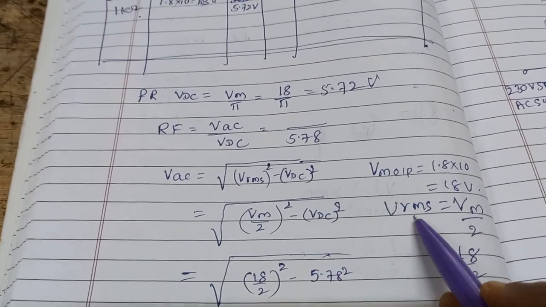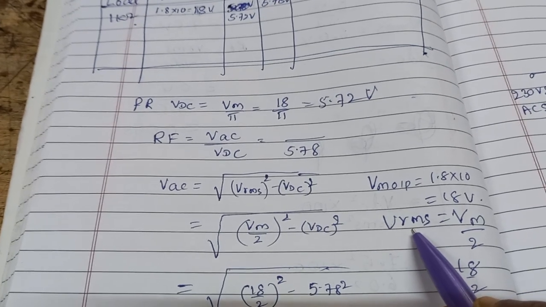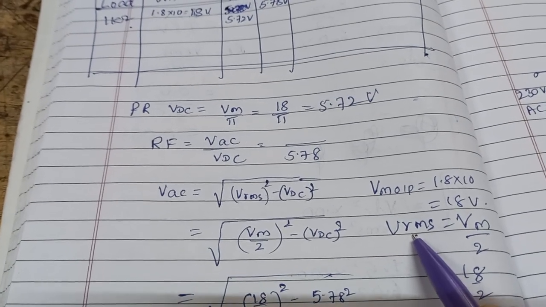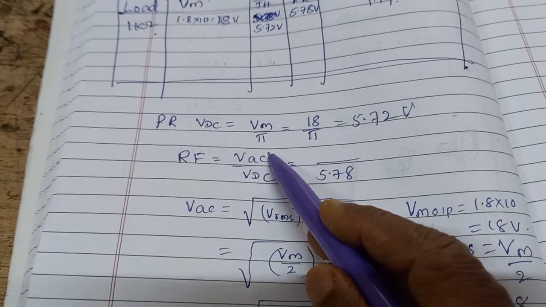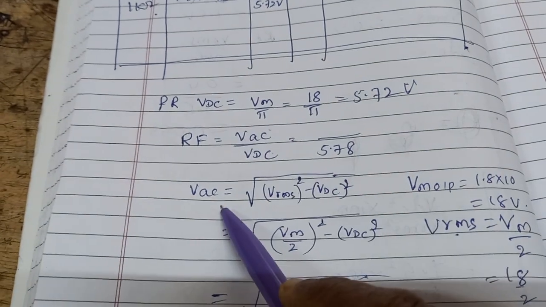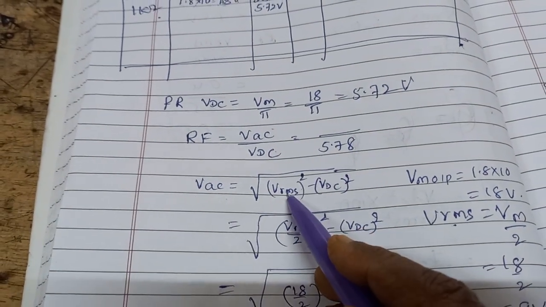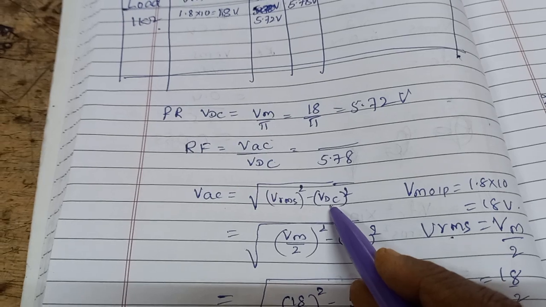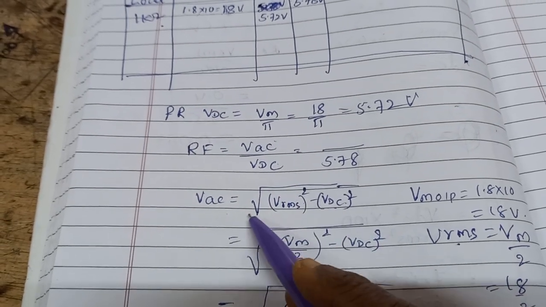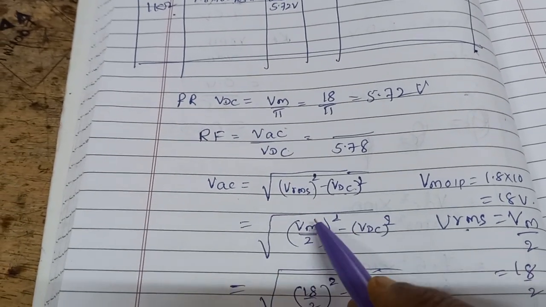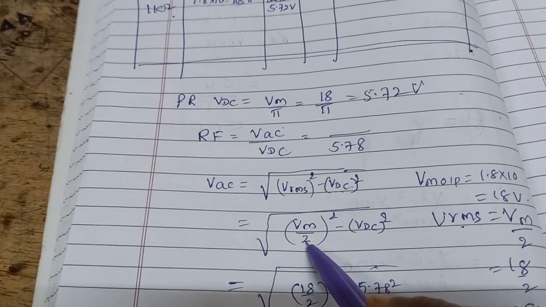From this VRMS output we will calculate VAC, because ripple factor is the ratio of VAC by VDC. VAC is equal to the square root of VRMS square minus VDC square. VRMS for half wave rectifier is Vm by 2.